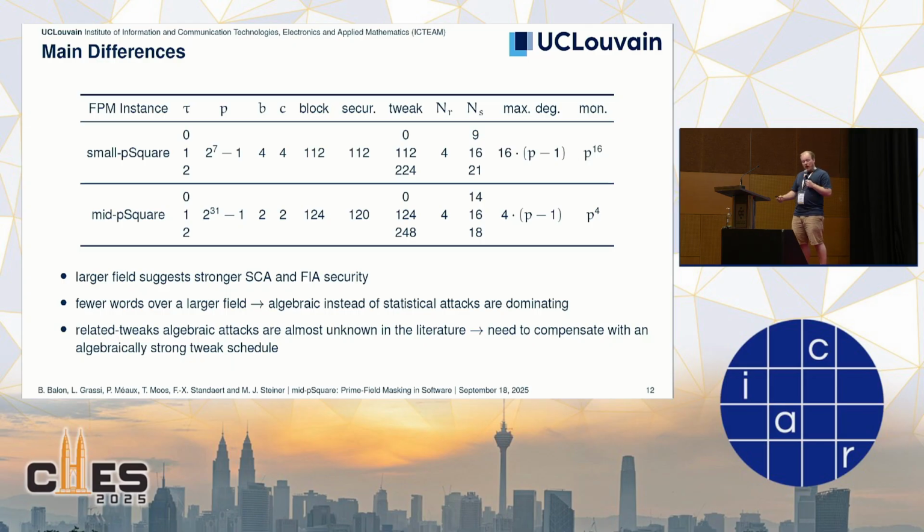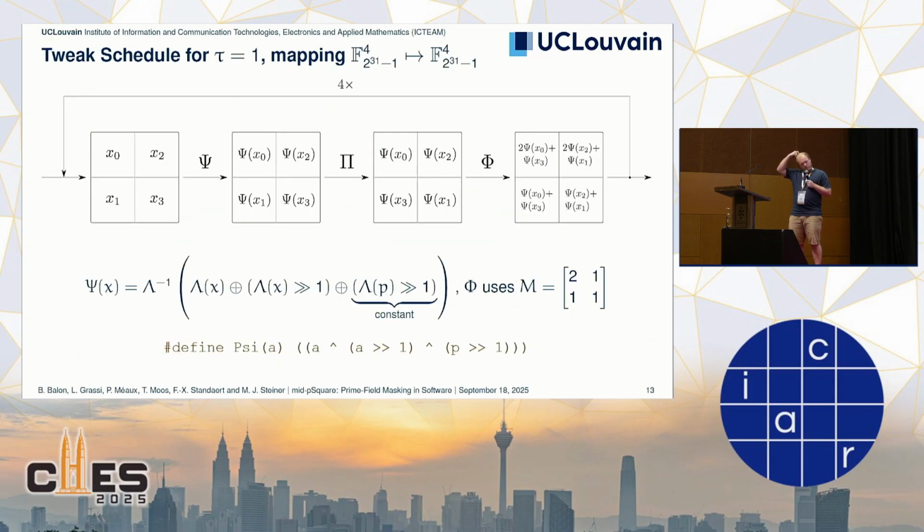And then, since very few tweakable symmetric designs exist in this sphere, there's not much research at all yet on related tweak algebraic attacks. So we know related tweak statistical attacks. We don't really know related tweak algebraic attacks. So we went the careful route and designed a very algebraically strong tweak schedule to future-proof the design against advances in this field.